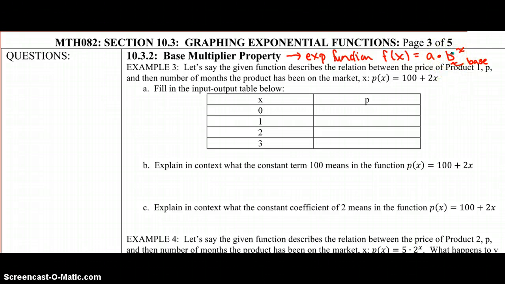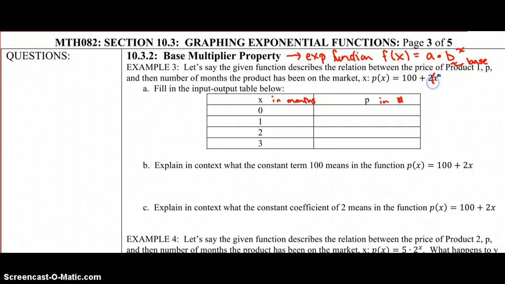So let's say the given function describes the relation between price of a product, which we're going to call P, and the number of months the product has been on the market. Let's say this is in dollars, and this, they told us, was in months. And P of x is 100 plus 2x.